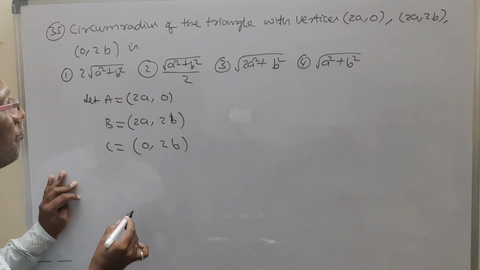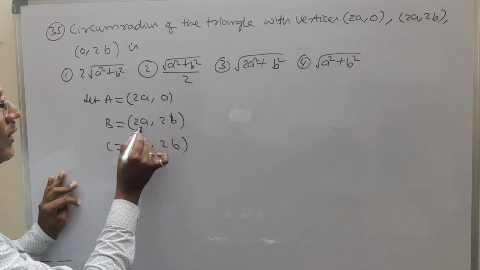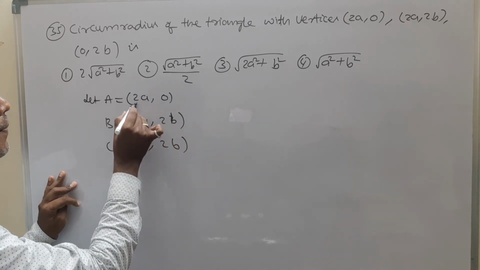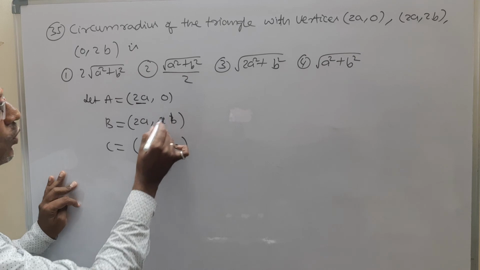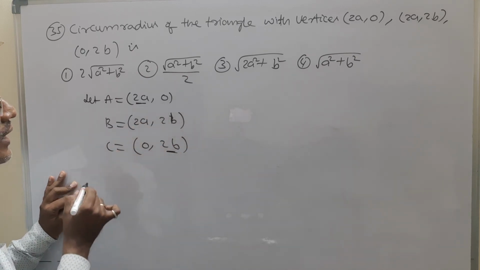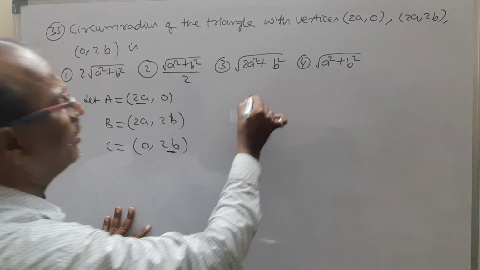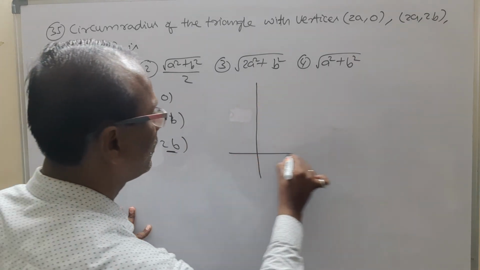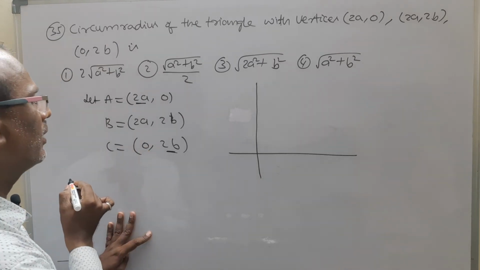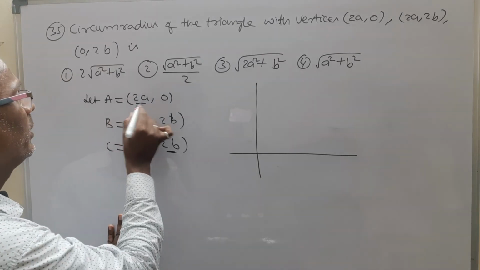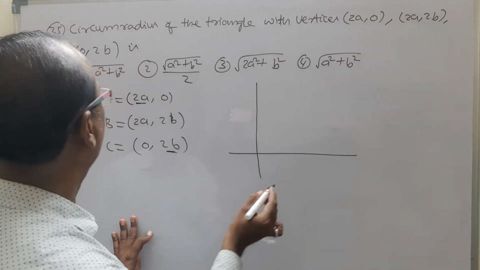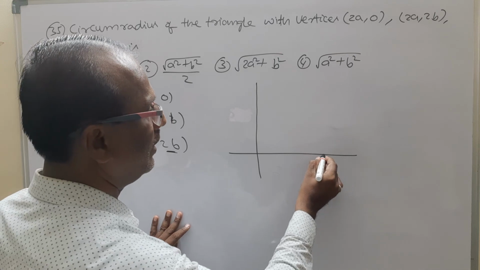Observe that 2a is the x coordinate in A, and 2b is the y coordinate in C. Then (2a, 2b) is the 90 degree vertex.